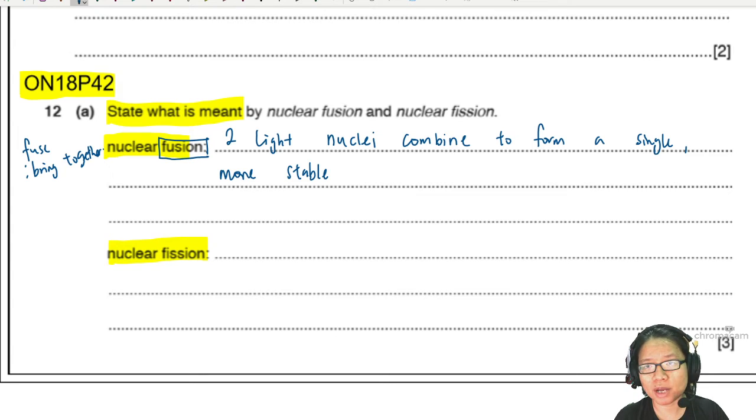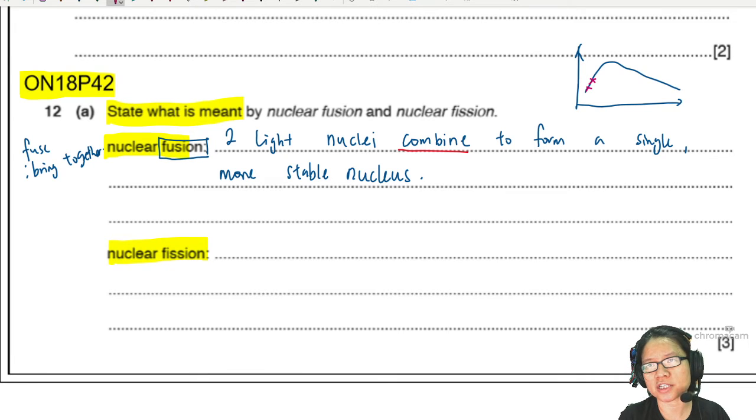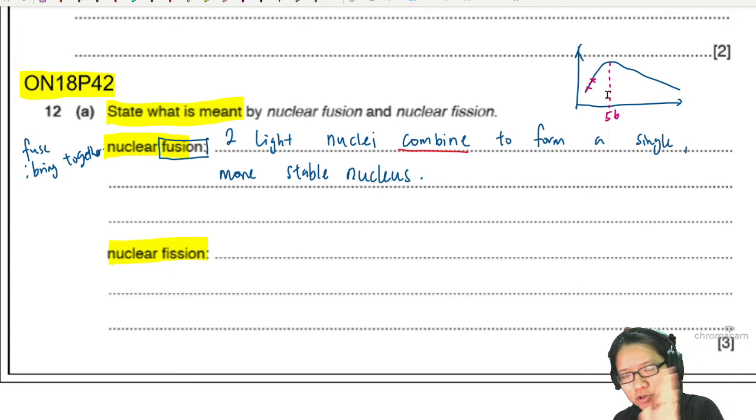The keyword here is combine. You can think about the binding energy graph, the shape that looks like the back of a hill. When the nuclei are pretty small, they have to find each other so that they can approach 56, which is the goal. So they combine and fuse to approach 56.